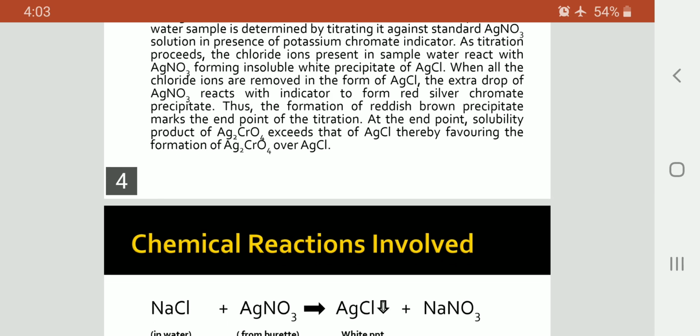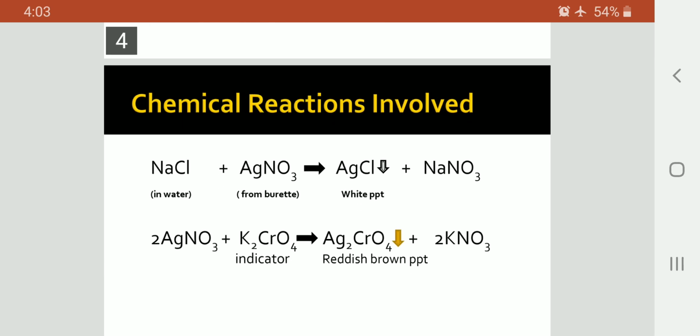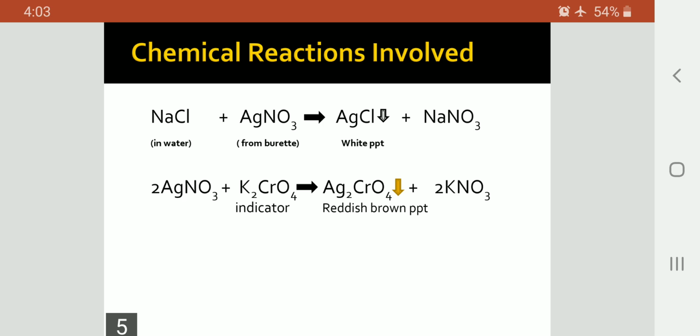From the reaction you can see that the water containing chloride ions reacts with silver nitrate, leading to the formation of silver chloride, a white precipitate. So this is the first precipitate which has formed.